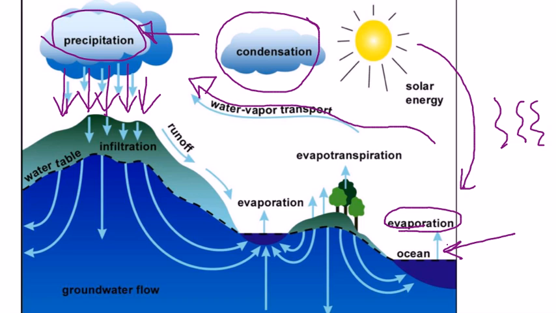Once it hits the ground, it can do one of two things. Either it can run down the surface of hills and mountains and areas of higher elevation, or some of the water seeps back into the ground. This water is then formed into something called groundwater. Now, on this diagram, it's a little confusing because they've shaded all this area in blue.